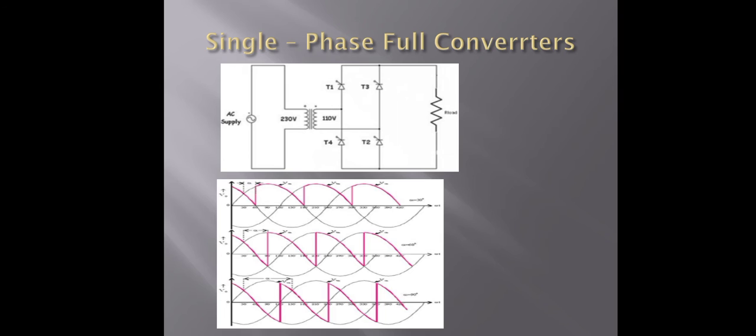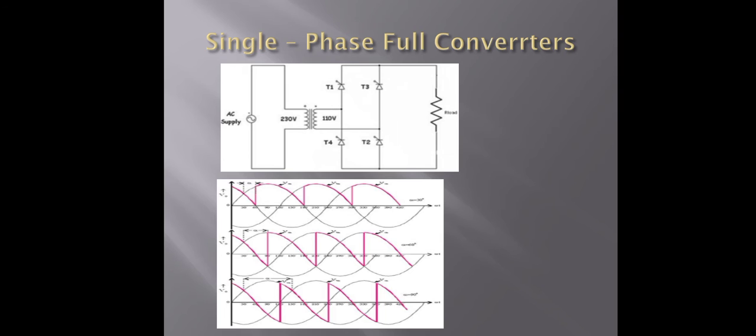Now the working of the single phase full converter. During the positive half cycle of the input voltage, T1 and T2 are forward biased. Repeat again: during the positive half cycle of the input voltage, T1 and T2 are forward biased, but they do not conduct until the gate signal is applied.